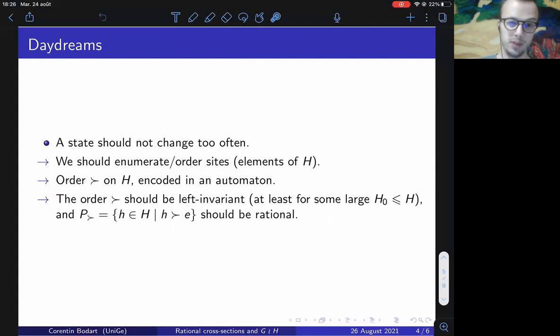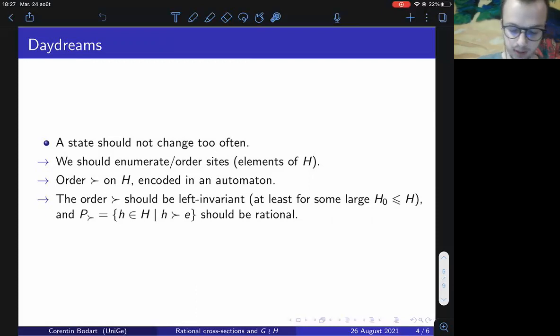That would really be a mess, so we would rather not. Basically, what we would like is to enumerate the sites in H and to go through them one by one and change the state of the lamp accordingly.